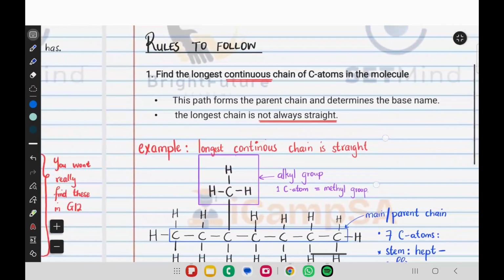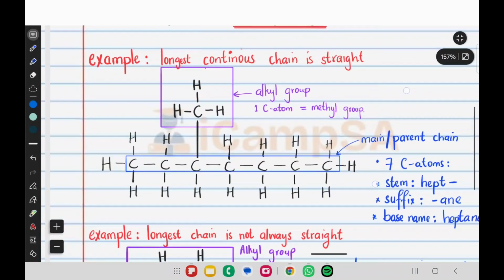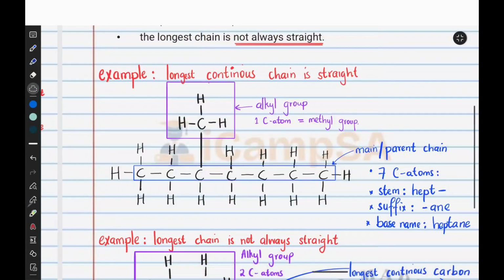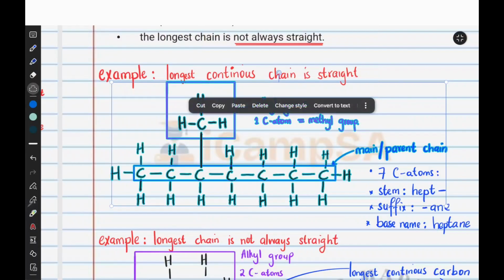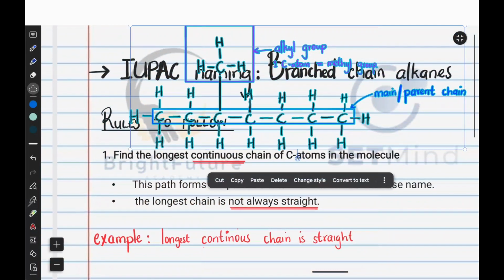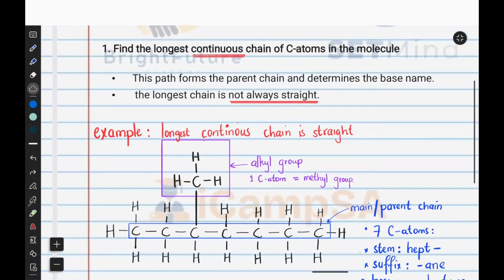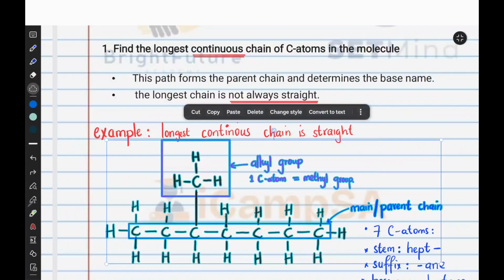So we come here, we have this. I'll just take it as it is. We will continue with this example, these 2 compounds, until we finish these rules or steps on how to name alkanes.